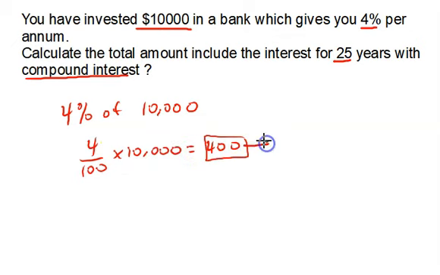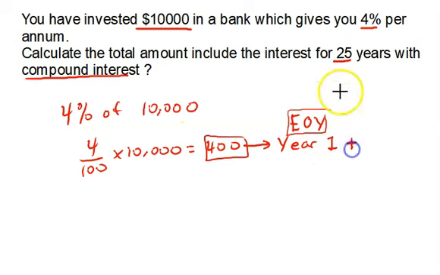This is for the first year, the year 1, so I can call it the end of year. This will be added to the initial investment of 10,000, and they will bring it to the second year. Now let me do a table for you so you'll understand much better.